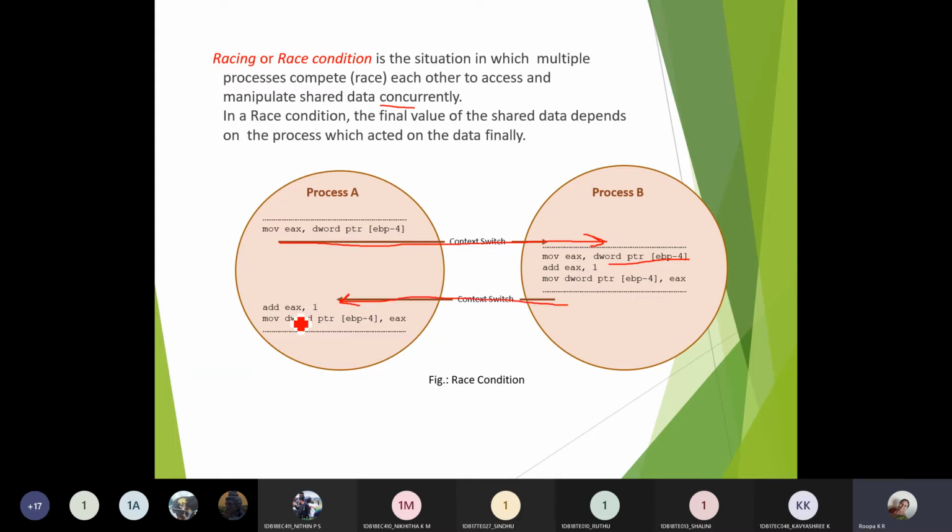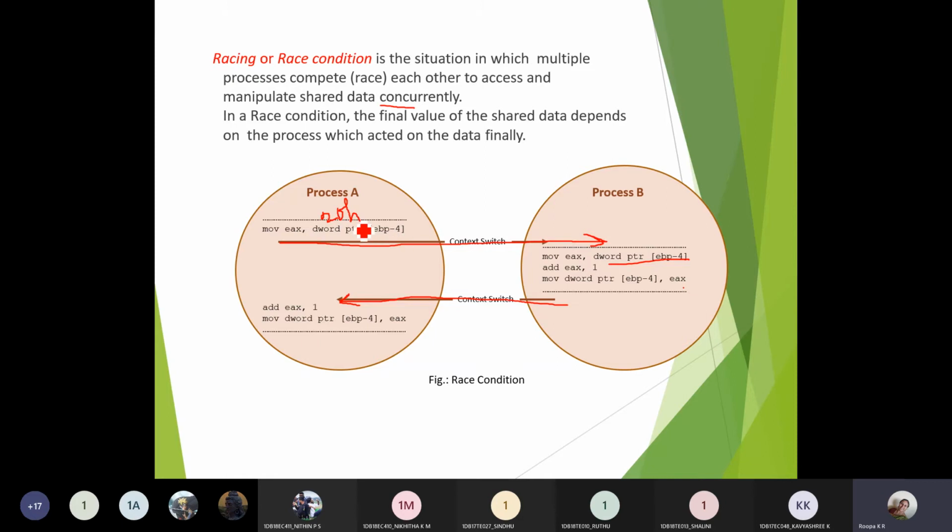Again the value of this register will be the content here, and I am adding 1 to it and storing the data here. Suppose this is location 20h, and this is the register, so from 20h minus 4 pointer.